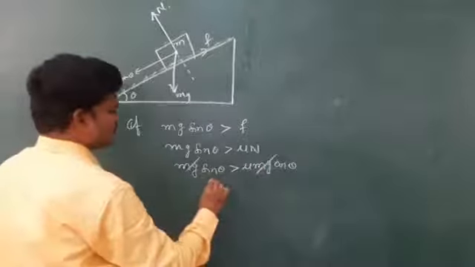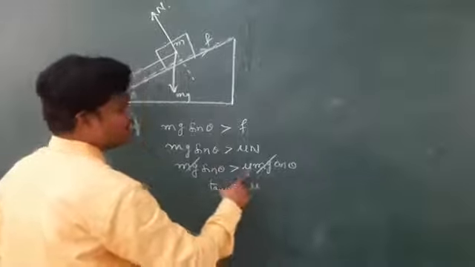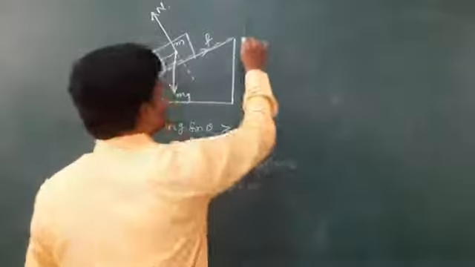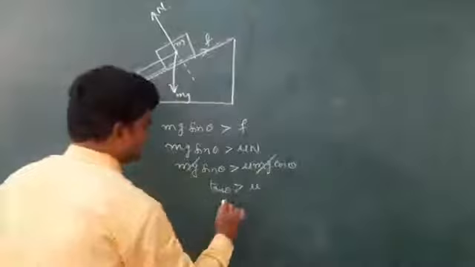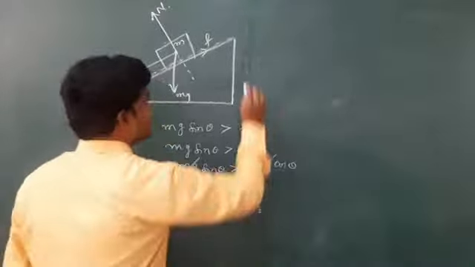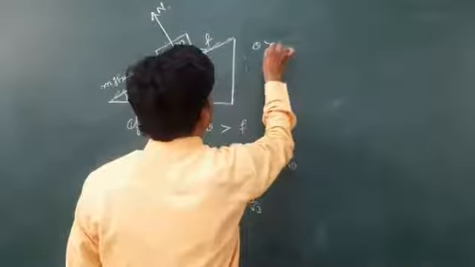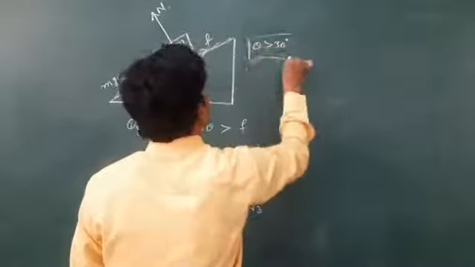So tan theta greater than mu. Mu they gave as 1 by root 3, so tan theta greater than 1 by root 3. So theta is greater than 30 degrees.